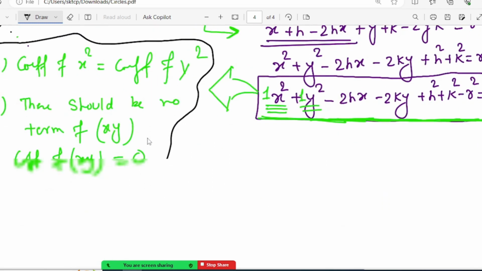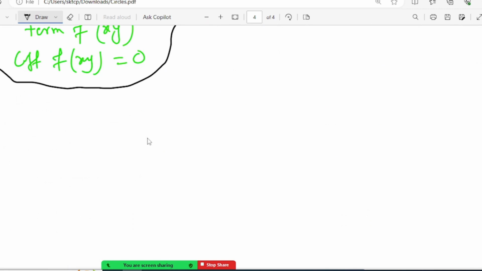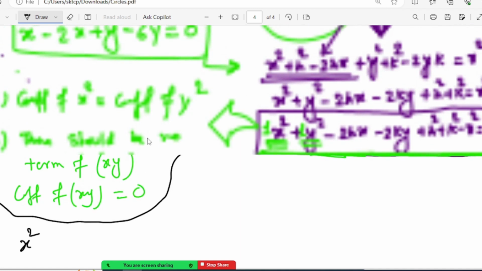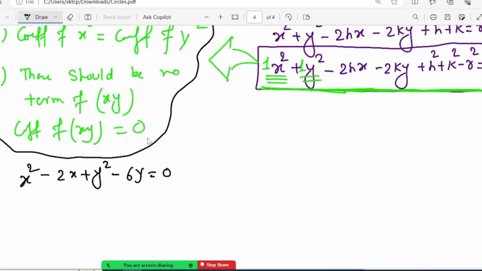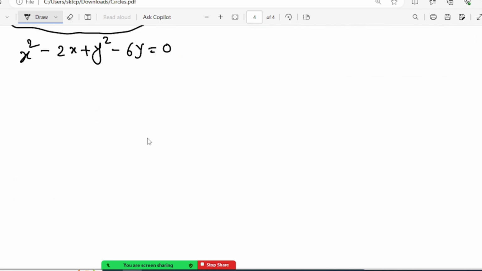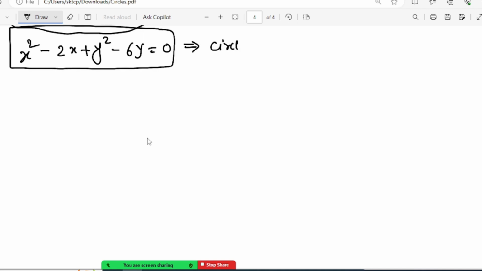So the question is: x square minus 2x plus y square minus 6y equals 0. We know that this equation is an equation of a circle. Now I want its center and its radius.